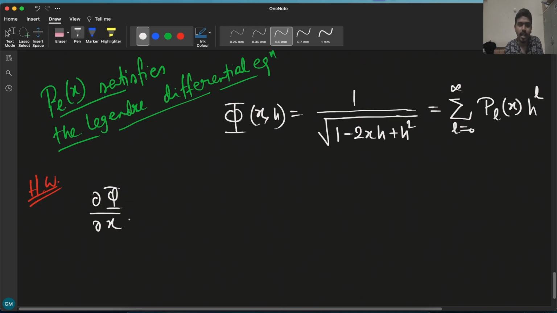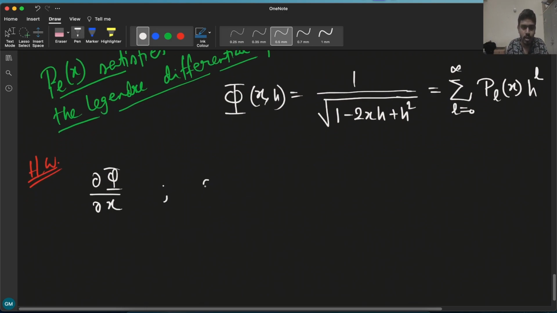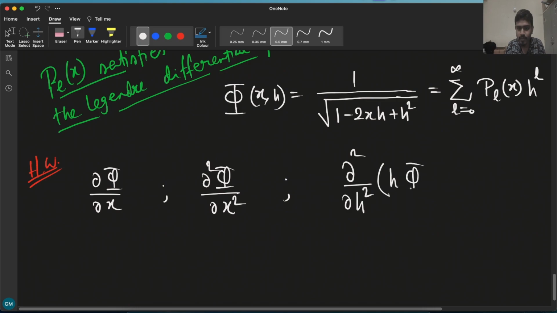Okay, so while calculating del phi del x, you need to treat h as a constant. Okay, then calculate del 2 phi del x2, second order partial derivative. Then calculate del 2 del h2, partial derivative with respect to h, of h times phi.